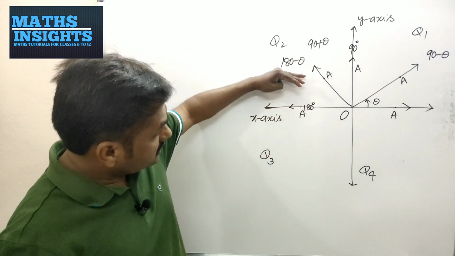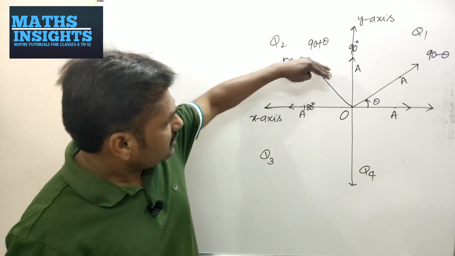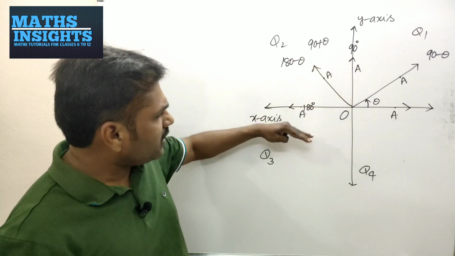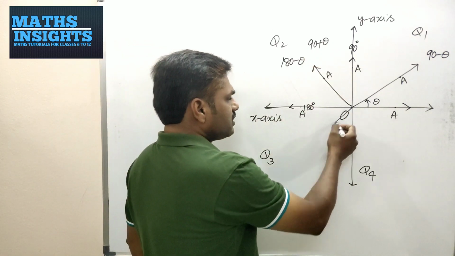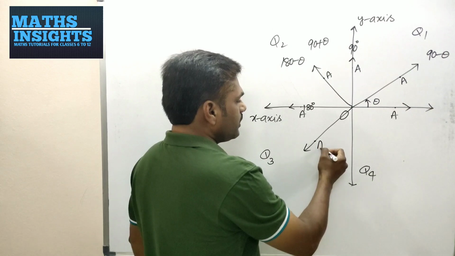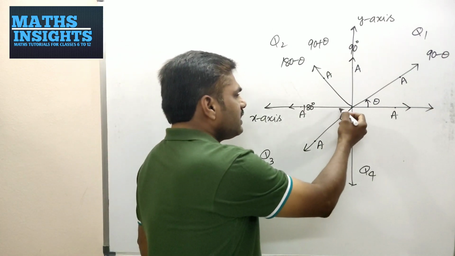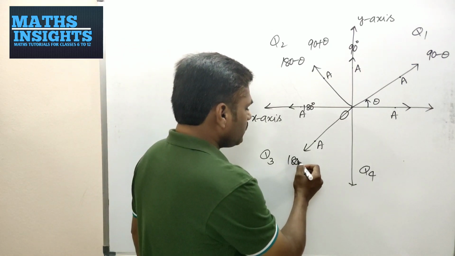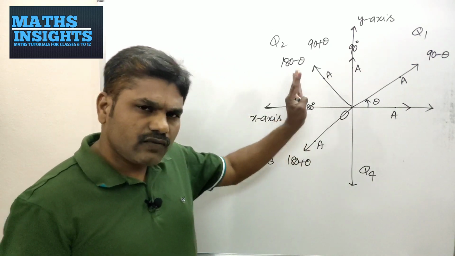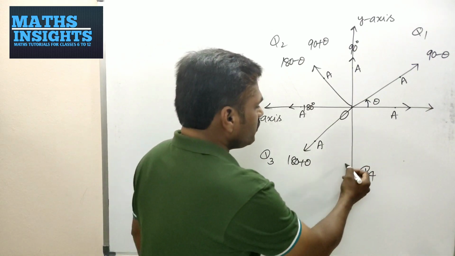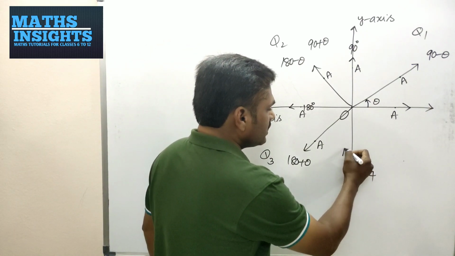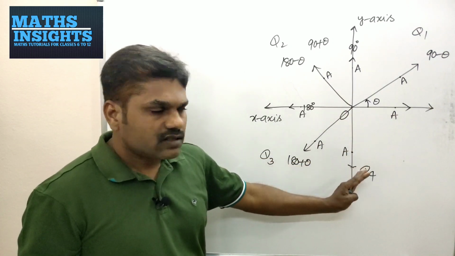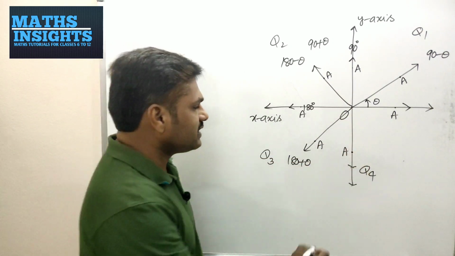Why? Because that is less than 180, whichever is here, and more than 90. In the same manner, if it continues its rotation, and suppose it is here, then the angle is more than 180. That can be written as 180 plus theta. And if OA coincides with the negative y-axis, then the angle is exactly 270.